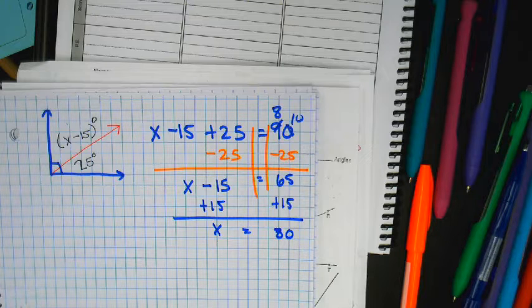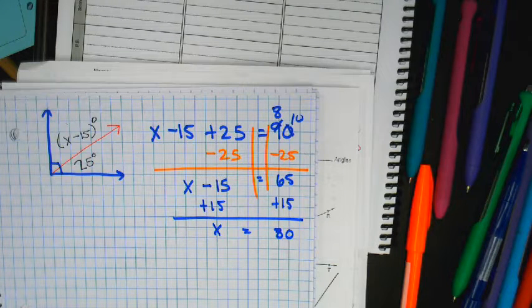Okay. There's a couple ways you could have done this, even from the very beginning, which you'll discover and you'll use. Miss Amelia, yes. If you add negative 15 plus 25, do you have to do that to the other side?